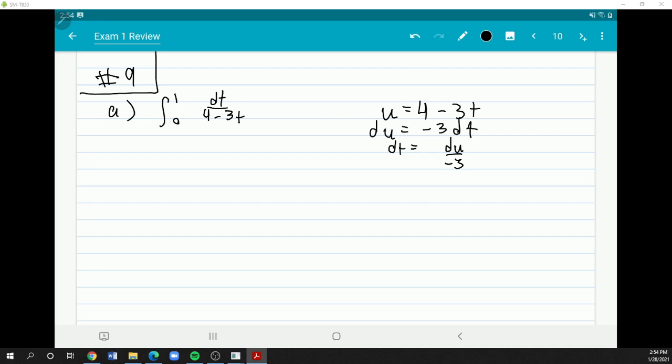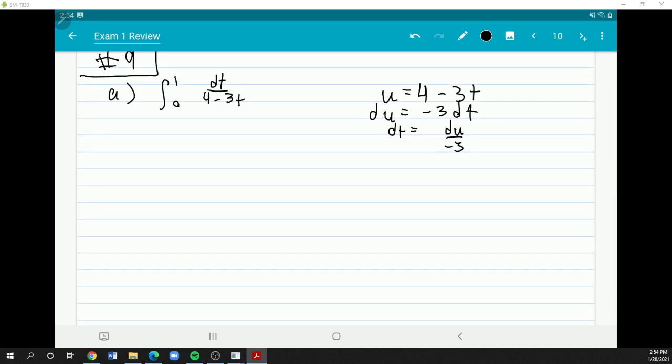Okay, not too bad so far. Also, I've got these bounds here, so I want to go ahead and change those. u of 1 is 4 minus 3 times 1, which is 1. u of 0 is 4 minus 3 times 0, which is 4.